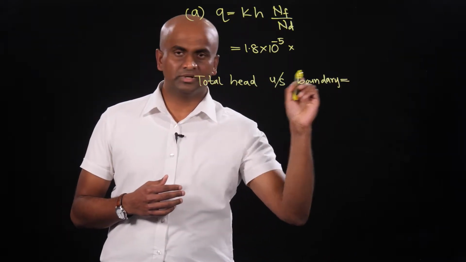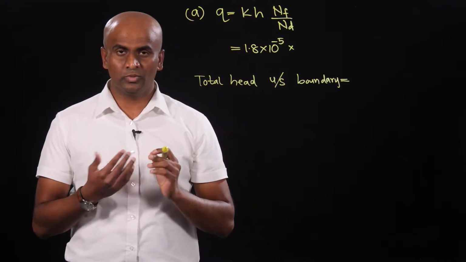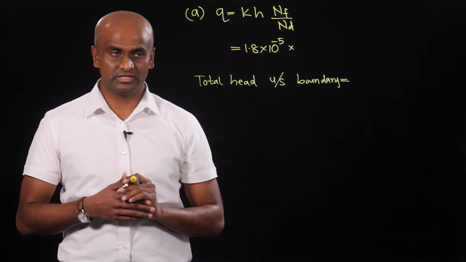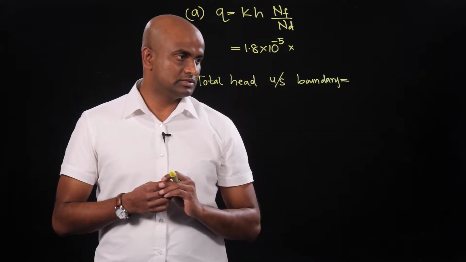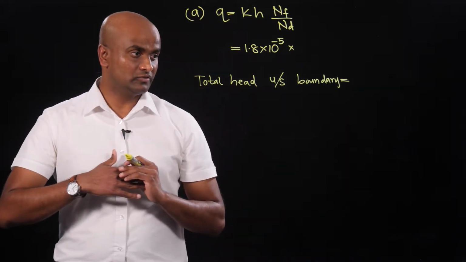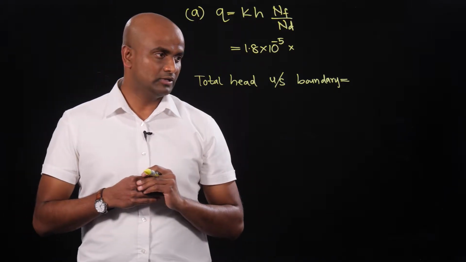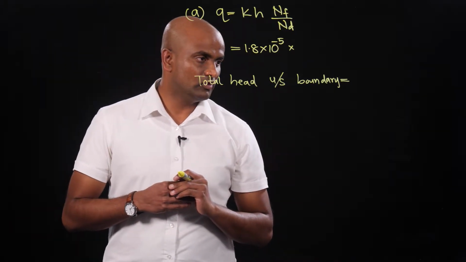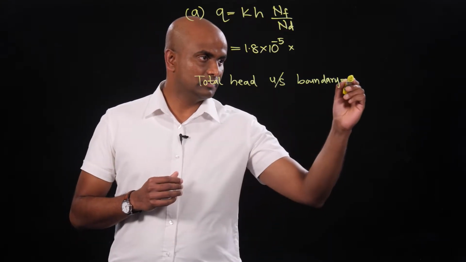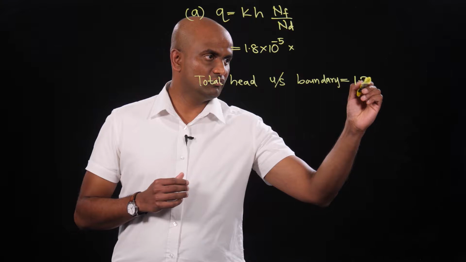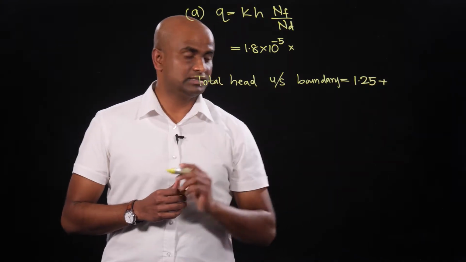For seepage problems, the total head comprises two parts: pressure head plus elevation head. The pressure head at the upstream boundary is the height of the water above the upstream boundary level. You can see a 1.25 meter height of water at the upstream boundary, so that will be 1.25, plus the elevation head.